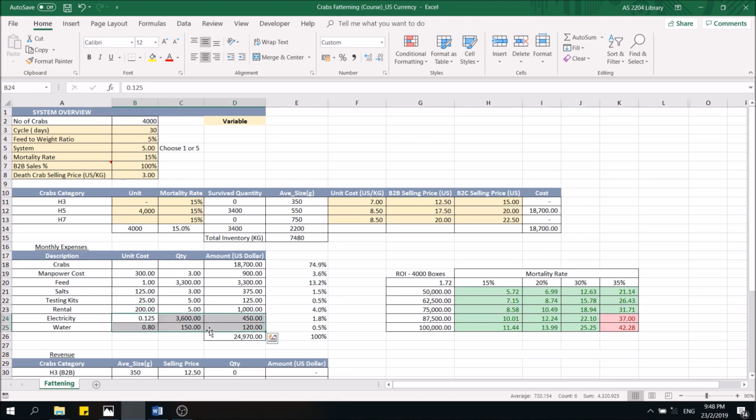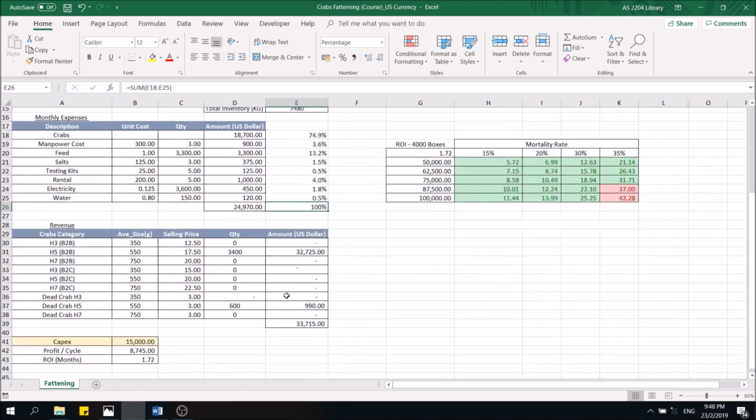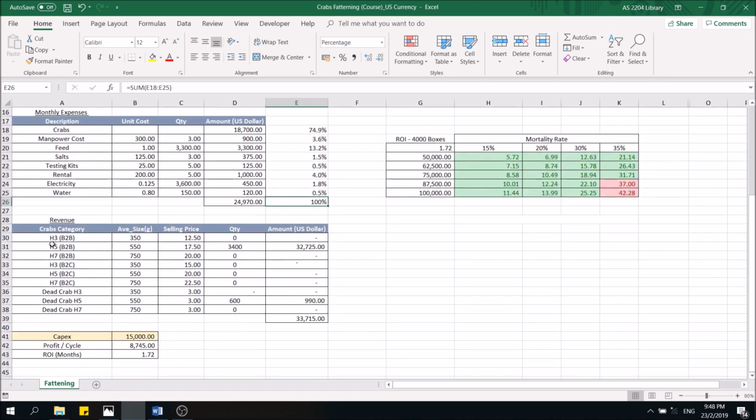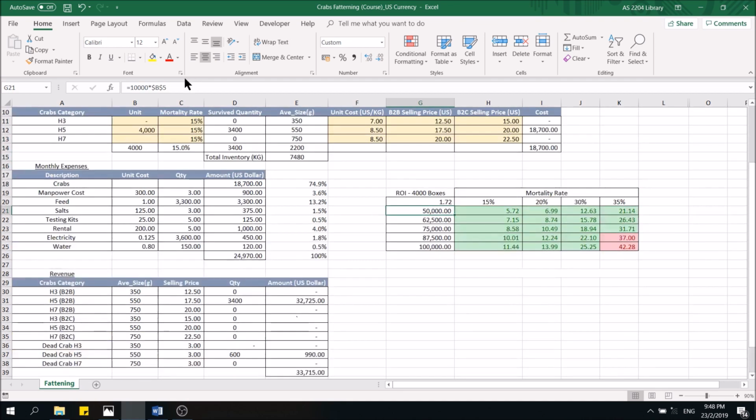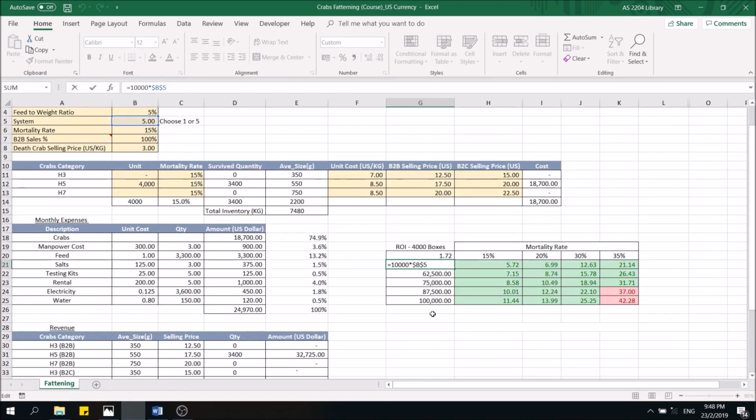So everything else is properly tabulated. And the revenue is fine, everything is calculated properly. So this capex by right should times 5, but don't worry, for this sensitivity table, it has taken care of that. You have times 5 systems, as you can see from the formula here.